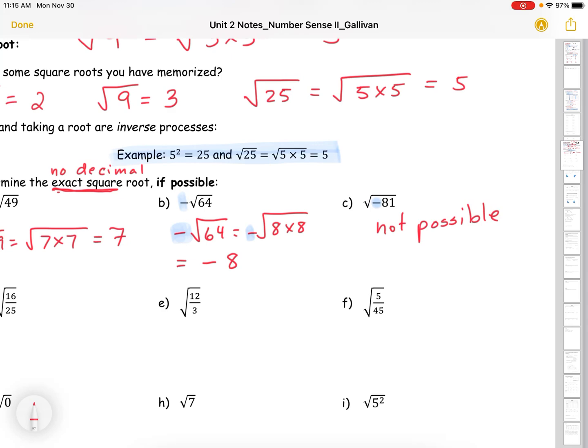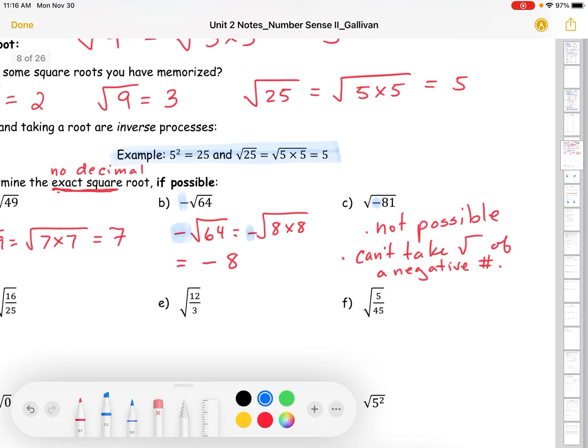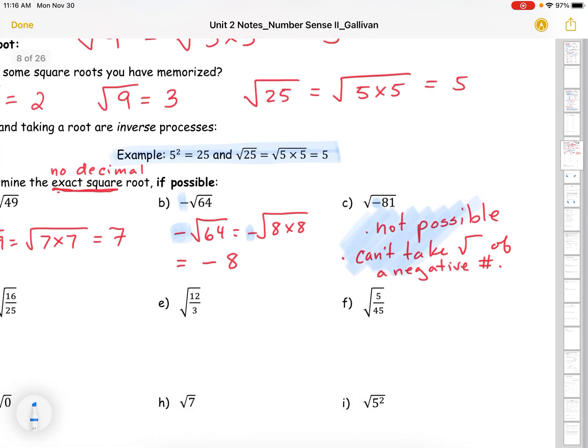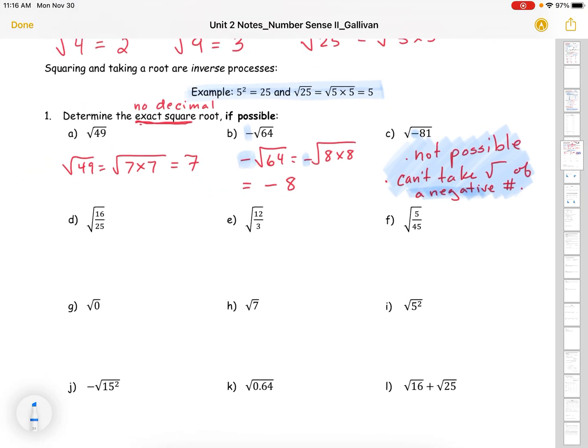There's no way you can take the square root of a negative number. So remember that, that's a very important piece of information. No solution.